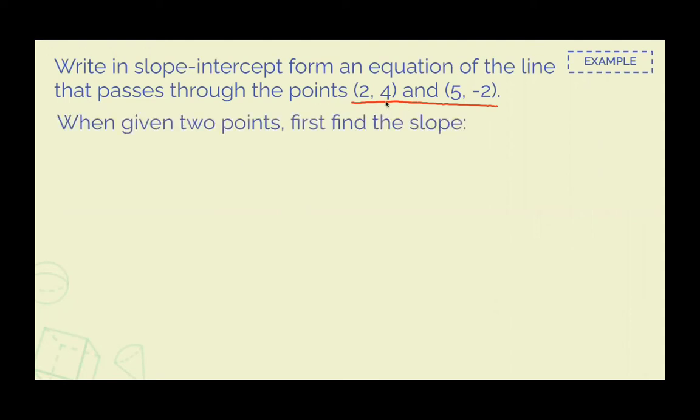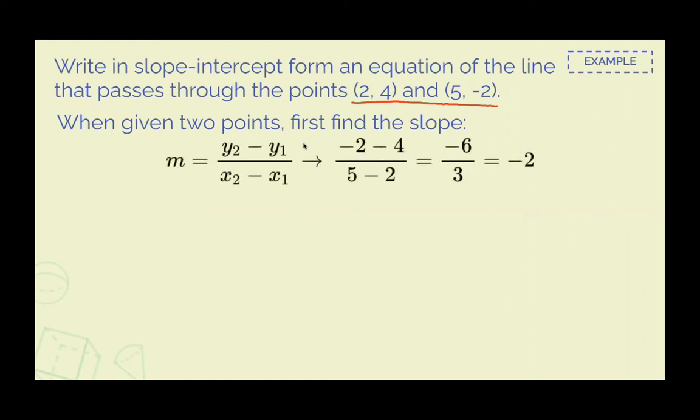Recall that whenever you're given 2 points to find the slope, you're actually going to use the slope equation, which is y2 minus y1 over x2 minus x1. Now you can label your points either ordered pair 1 or ordered pair 2. You can do whichever. I'll go ahead and do (2, 4) as my ordered pair 1, and then (5, -2) as my ordered pair 2.